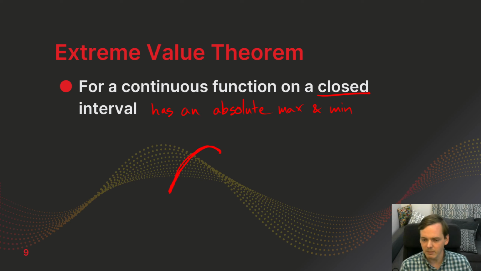So all the examples I showed on the previous slide where they're missing either a maximum or a minimum, that's because they're not closed or bounded. And that's what we care about here, is that it's closed and technically bounded. So that's the idea behind extrema, and we'll talk a little bit about some other points in a minute.